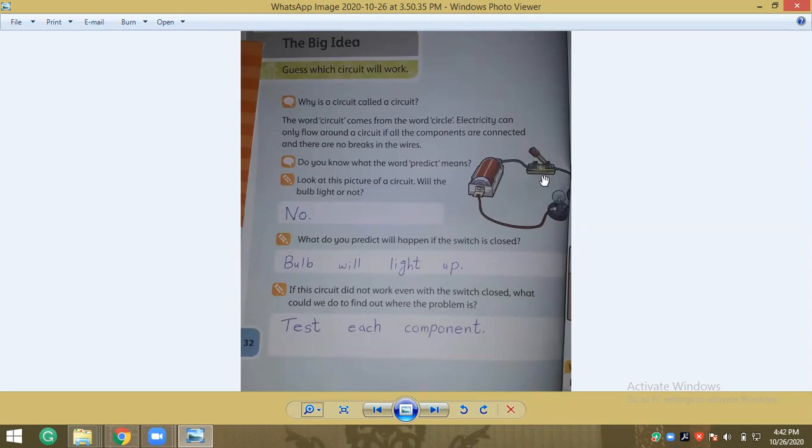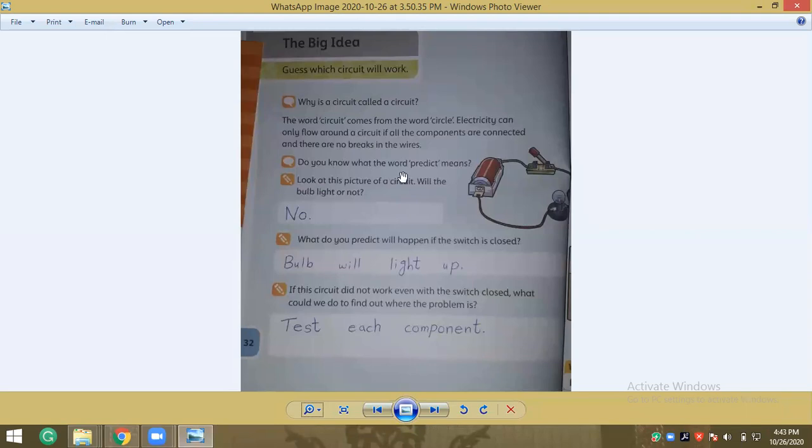It means the circuit is broken. Circuit is broken. Okay, the current cannot flow. Electricity can only flow around the circuit if all the components are connected and there are no breaks in the wire. In the wire also no break.